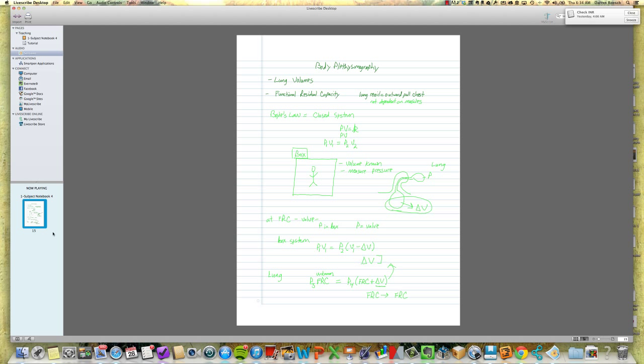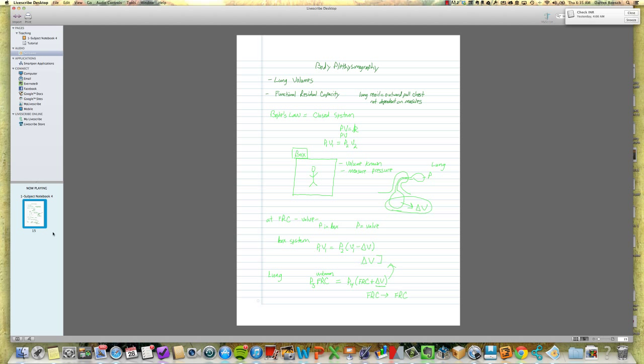So as a result, at the functional residual capacity, the lung volume is not dependent upon muscles. So it is not dependent upon the muscles of inspiration or expiration, and it is a resting volume of the lung and a more reliable lung volume to measure.